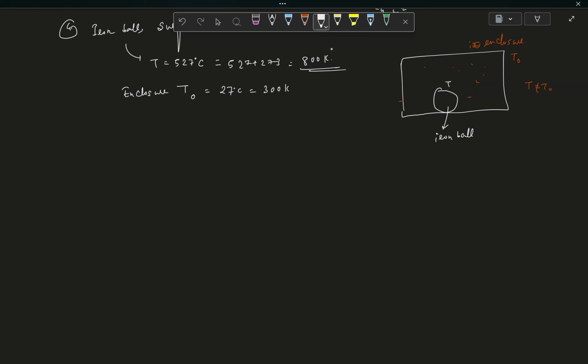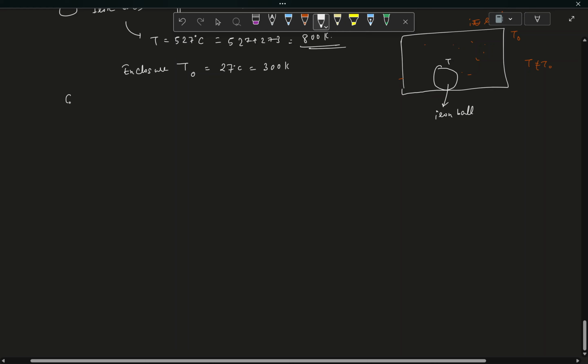Now it is asking how much will be the energy loss by radiation by that iron ball. For the sake of solving this question, because there are two temperatures mentioned, we consider that the iron ball, which is assumed to be a black body in this case, is in the surrounding of this enclosure, which is at a different temperature, and which you can also consider as a black body. So basically one black body is in contact with another black body at a different temperature, and then the energy loss by radiation will have both the temperature values present.